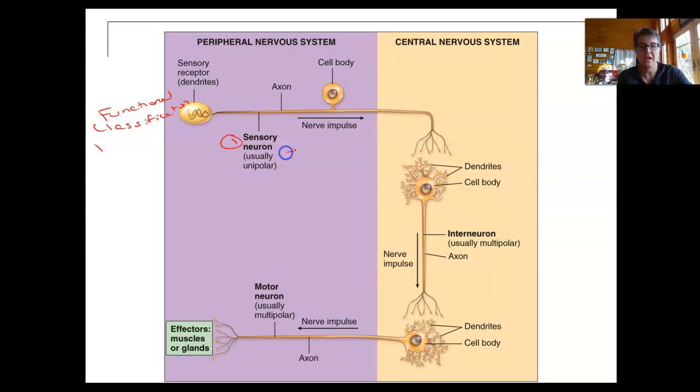Sensory neurons bring impulse, whatever you want to talk about, toward the central nervous system. I will have an interneuron that is within the central nervous system, brings information between neurons, right? Inter means between, so it's going to connect neuron to neuron. And I have a motor neuron. A motor neuron carries impulses away from the central nervous system.